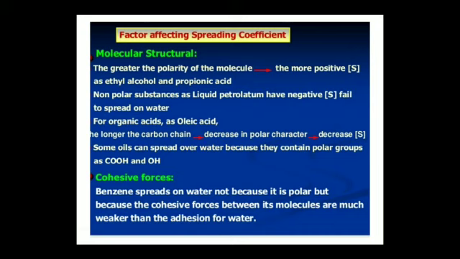For organic acids like oleic acid, a longer carbon chain decreases the polar character and decreases the spreading coefficient. Some oils can spread over water because they have polar groups. Cohesive forces: benzene spreads on water not because it is polar but because the cohesive forces between its molecules are weaker than the adhesive forces of water.